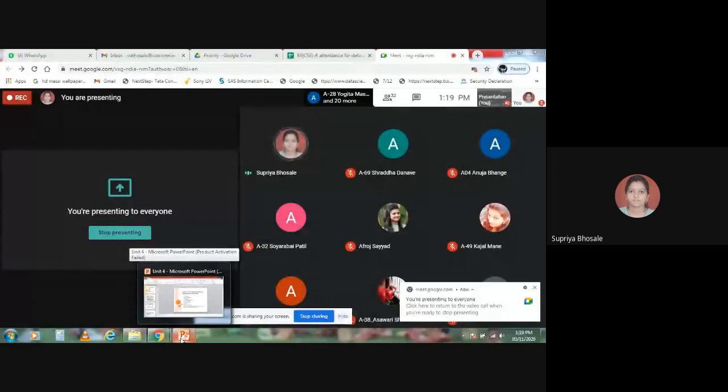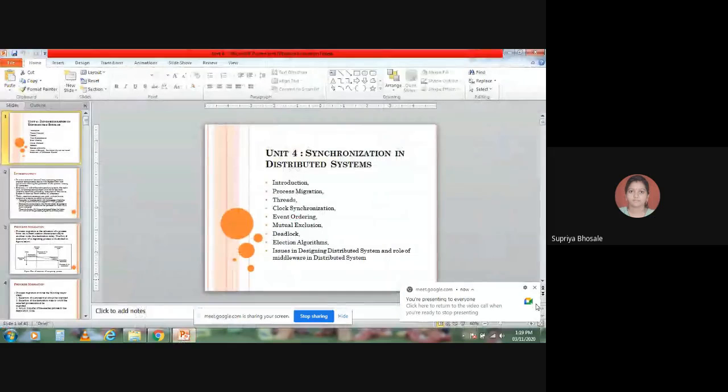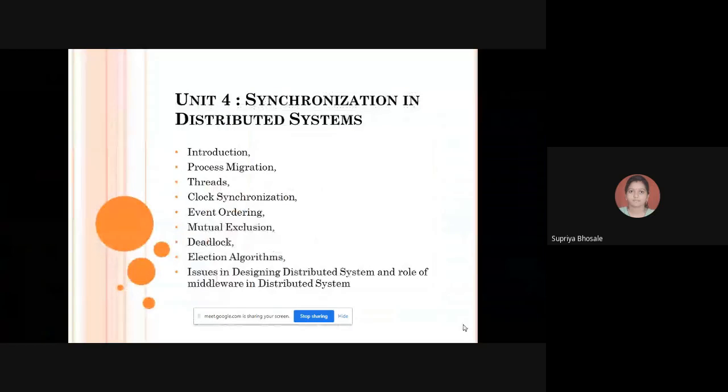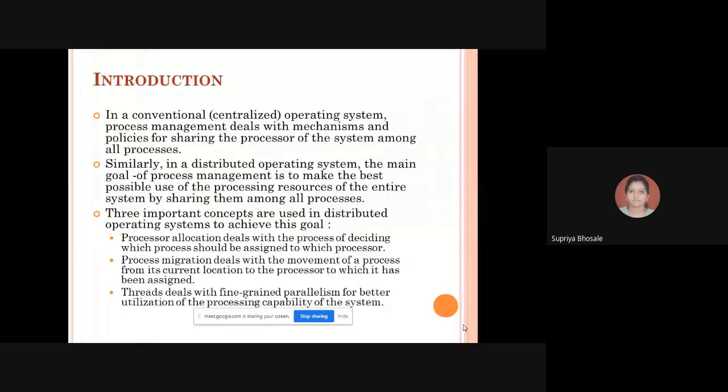So now we will start with our today's lecture. So in our last lecture, we have started with our 4th unit, synchronization in distributed system, with its introduction.